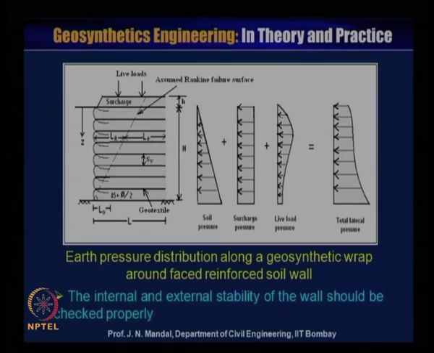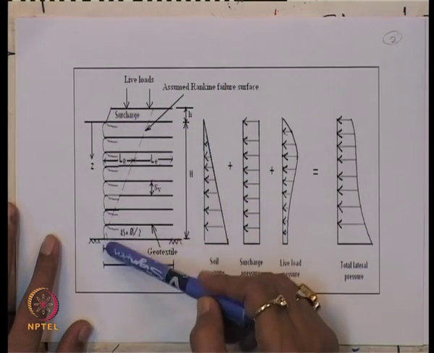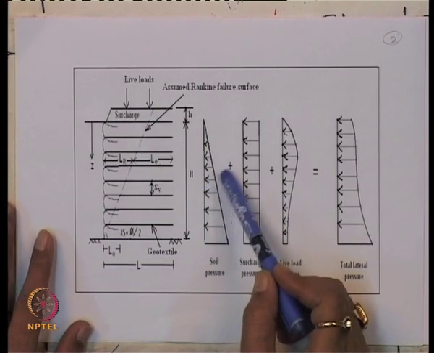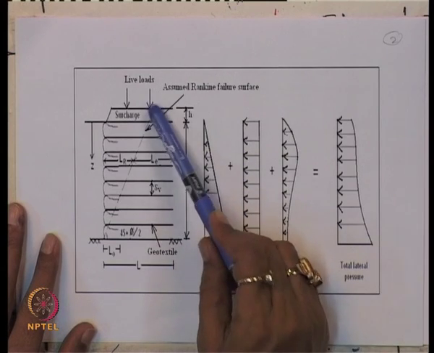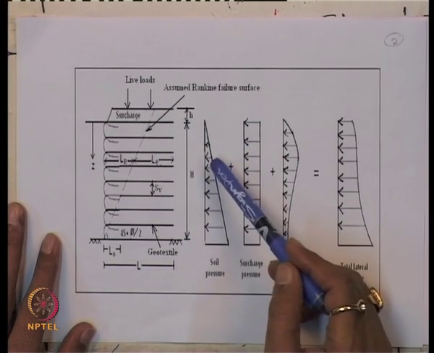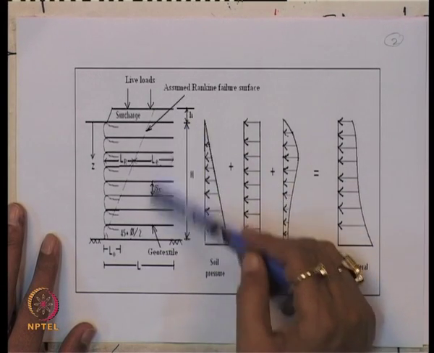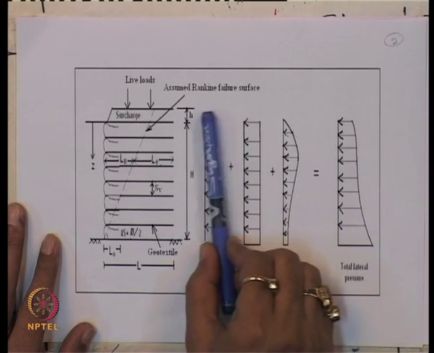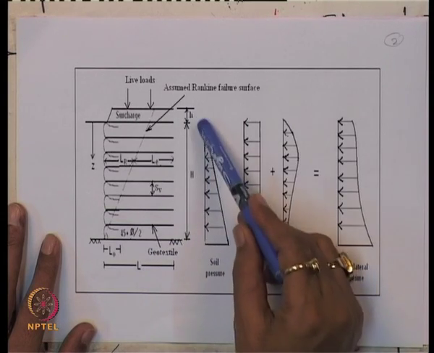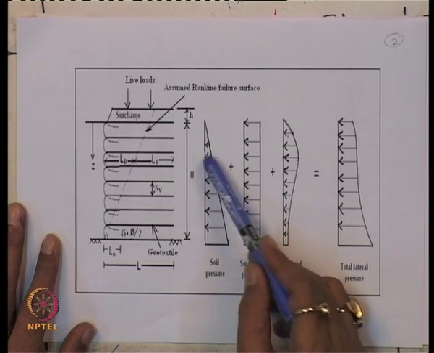You can see here that if this is the wall and this is the assumed Rankine failure plane, and this is the surcharge height, small h, and there is also live load, and the earth pressure distribution along the geosynthetic wrap around face reinforced soil wall. What will be the earth pressure acting on the wall? This is the triangular distribution due to the soil pressure. So, this is due to the soil pressure.